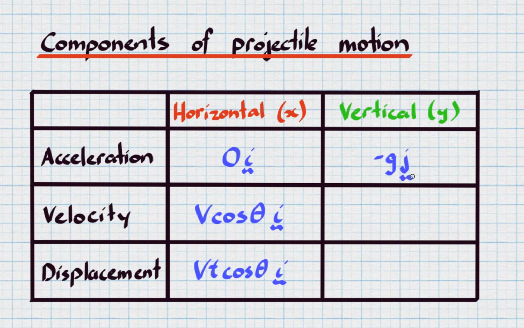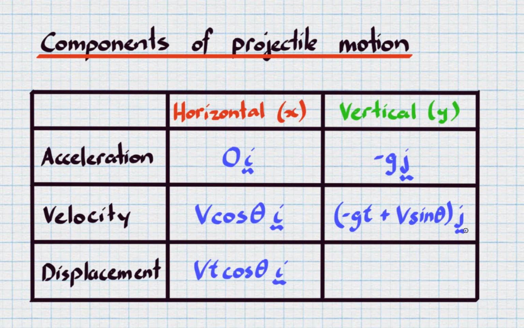When we go to velocity, which we integrated, we get minus gt plus the initial velocity component, v sine theta. And all of this is in the y direction.